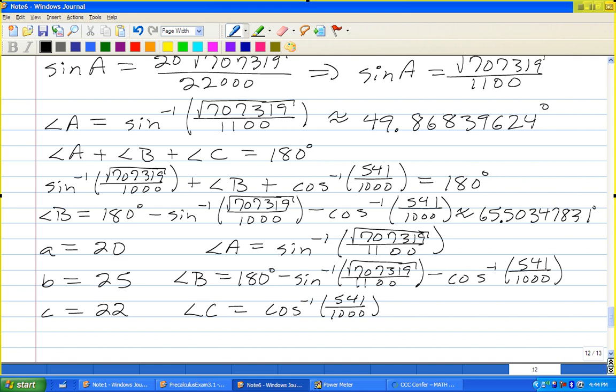It's divided by 1100. Yes, that's where the error came in. Okay, sorry about that. That's 1100. That's 1100. Okay, so now, no wonder I was getting the wrong answer there. Okay, so now try that again.